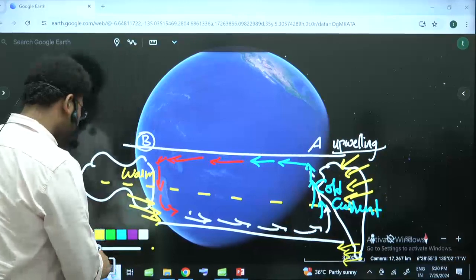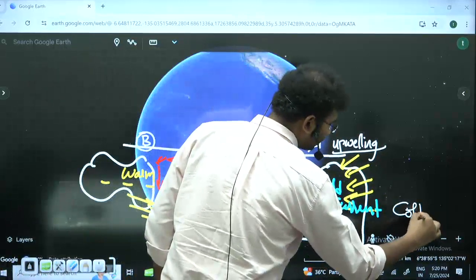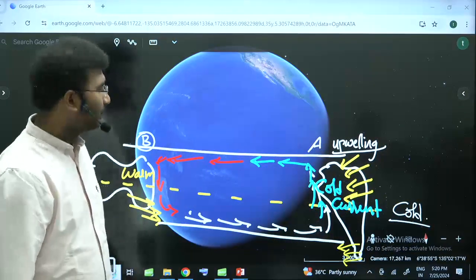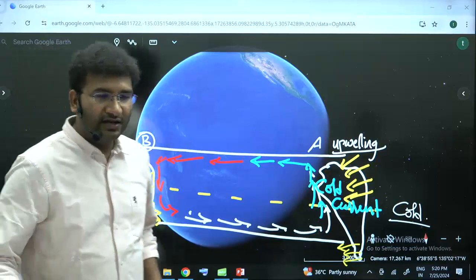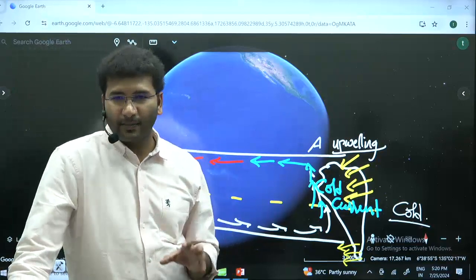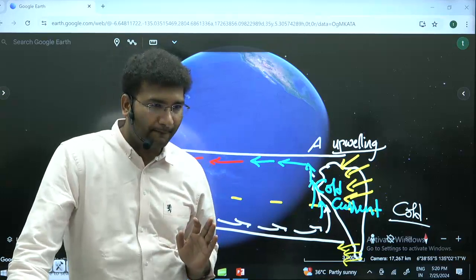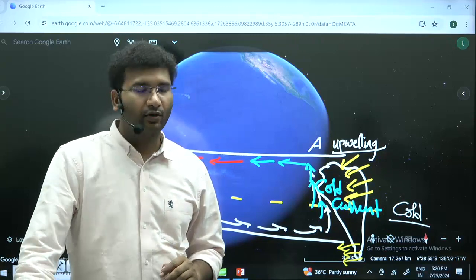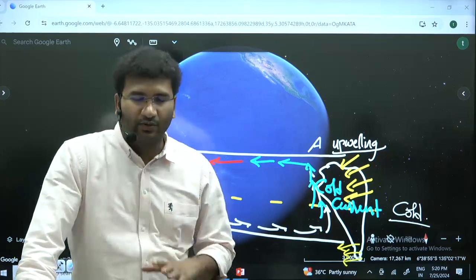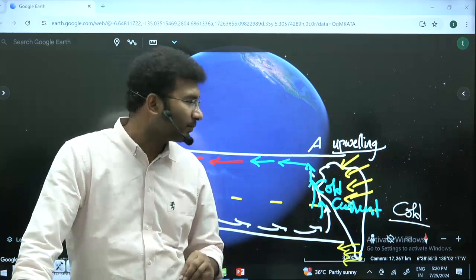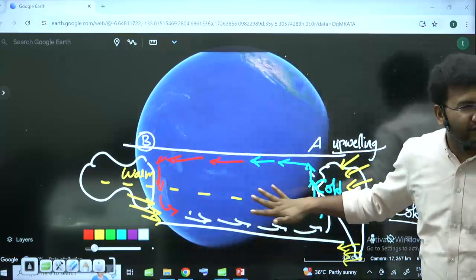Now this Peruvian current, which is cold in nature in the normal times, right? So during the times of El Nino, what happens is the global atmospheric circulation changes. Global atmospheric circulation changes means, for reasons which we do not know, even the scientific community do not know, why the winds, they are moving slower.